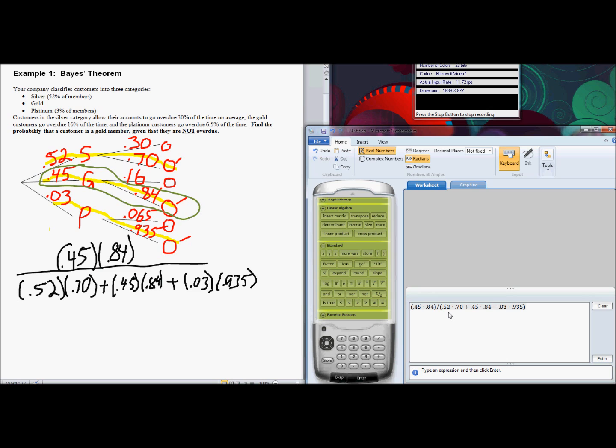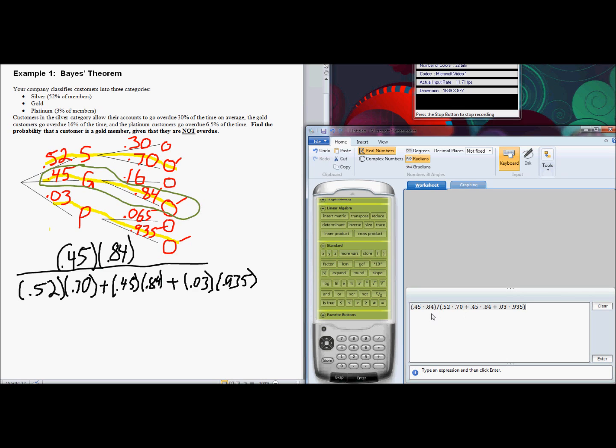Now before I hit enter on this, I'd like to make a couple of notes. Notice that there is clearly a difference between decimal points and the dot operator for multiply. I'd also like to note that when you're using your calculator, you need to be very careful to use your parentheses. If I didn't put the parentheses here, it would do 0.45 times 0.84, and then it would divide that answer by 0.52 and then multiply that by 0.7.